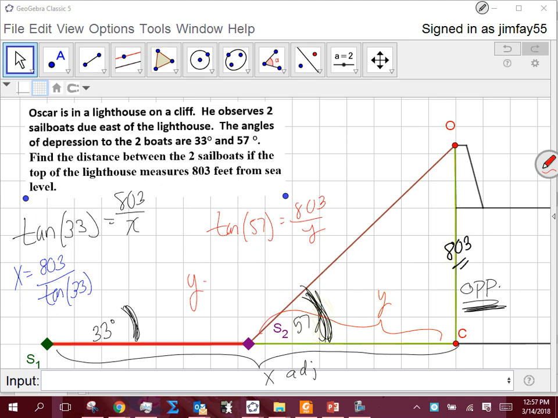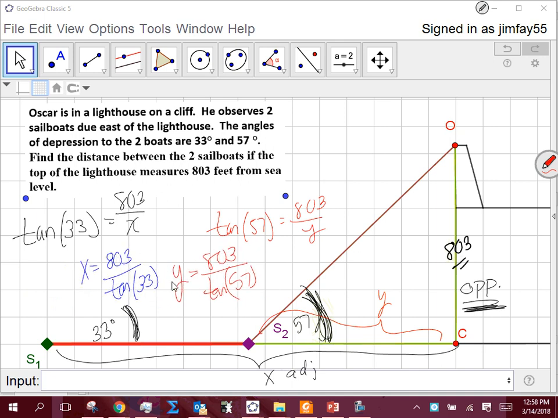It's going to give me y is equal to 803 divided by tangent of 57. Okay? So that gives me those two values of x being the whole thing, y being this little portion. What am I going to do with these two numbers? I'm going to subtract them. Which one's bigger? X. Okay?